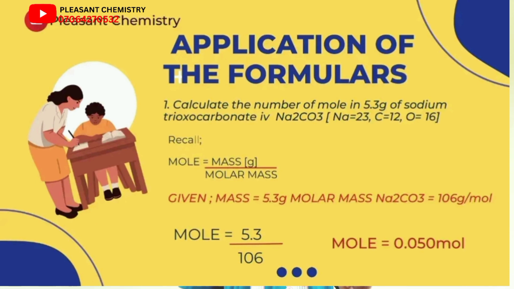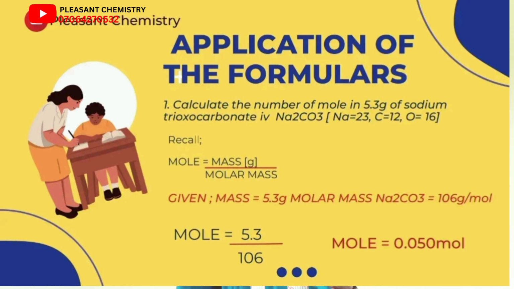Each of them, we multiply their number of atoms with their atomic mass. So atomic mass of sodium is 23 multiplied by 2. Then we add atomic mass of carbon, which is 12. Then we add oxygen: 3 atoms multiplied by 16 to give us 48.